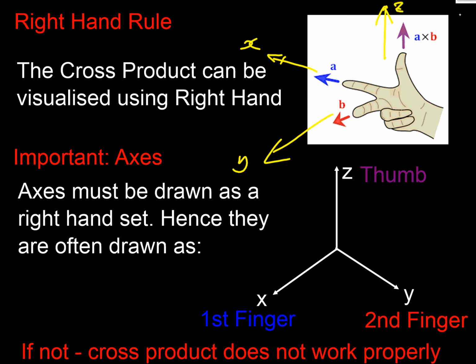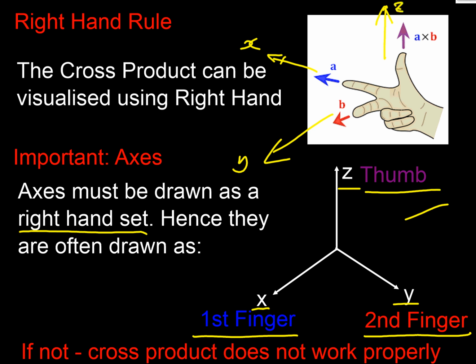And it's really important in setting up your axes in 3 dimensions, because we have to do them as a right hand set. So if I pointed my first finger along the X direction, and my second finger along the Y direction, then my thumb will be in the Z direction, yeah?